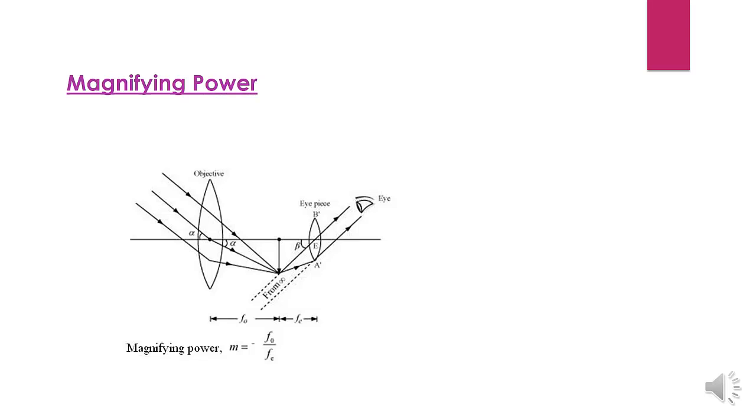If the image is forming at normal adjustment, the distance between the objective lens and eye lens will be Fo plus Fe. So if the question says normal adjustment, you should understand that the distance between the objective and eyepiece will be Fo plus Fe.